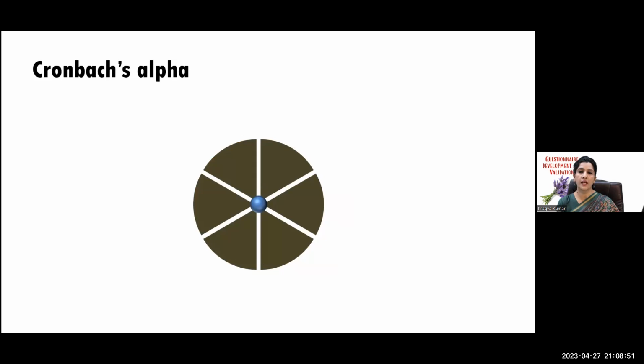Now, participants were asking regarding Cronbach alpha, what is a Cronbach alpha? Cronbach alpha is a function of the length of the questionnaire. And how right am I in making this statement? Can you recall that we have just discussed that as you increase the number of items, your reliability increases.